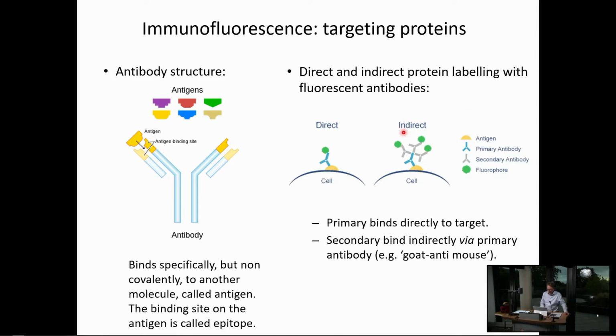The other way of labeling is to raise a primary antibody, but then use what's called a secondary antibody. Now, the secondary antibody is one that recognizes the primary antibody as its antigen.